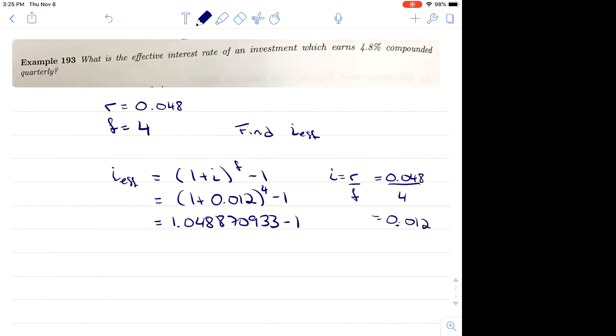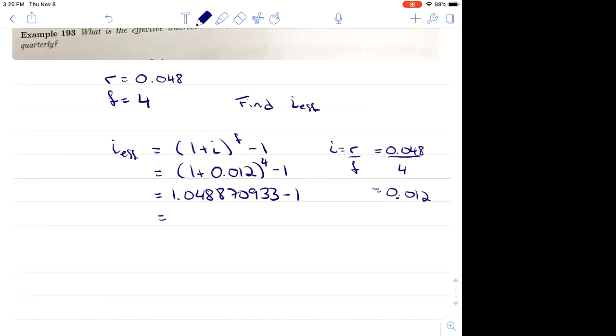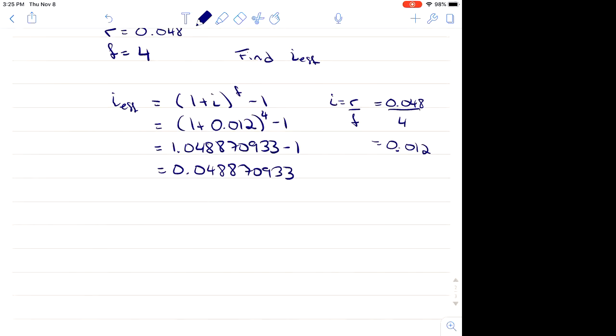Don't forget that minus 1. That gives 0.048870933. So what does this mean?